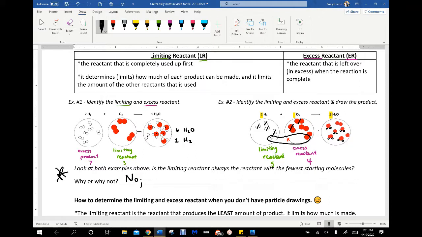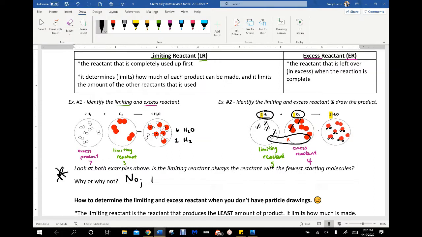So no, and let's think about why. If you look at the chemical reaction, this is the key here. The numbers of starting molecules themselves don't determine the limiting reactant alone, because the molecules react in different ratios based on the chemical reaction. It took twice as much hydrogen as it did oxygen. So for example, if we started with 4 oxygens, we would have needed 8 hydrogens to react with it completely.